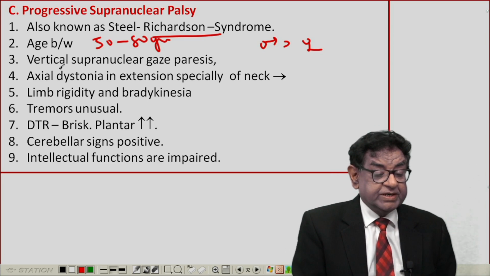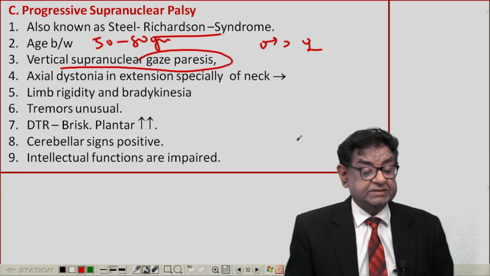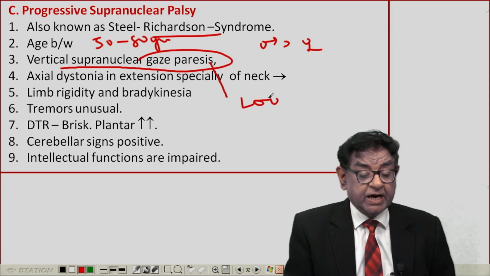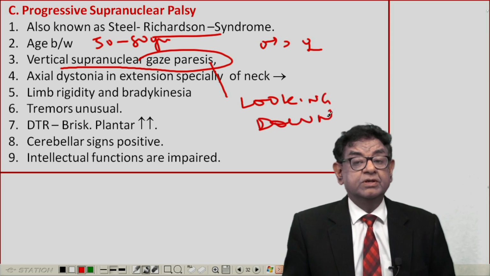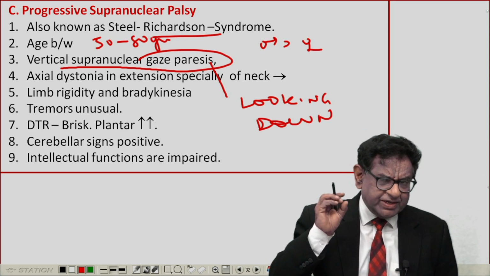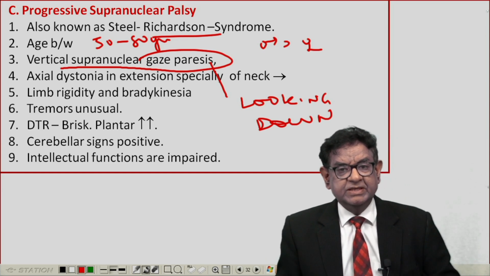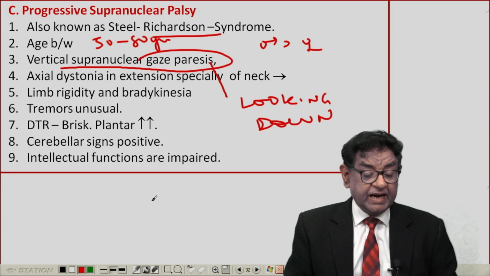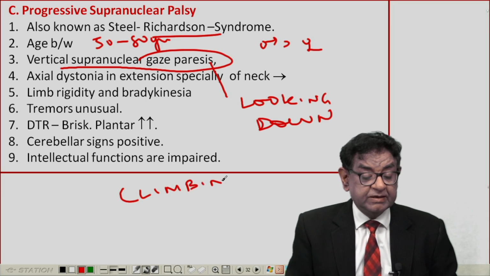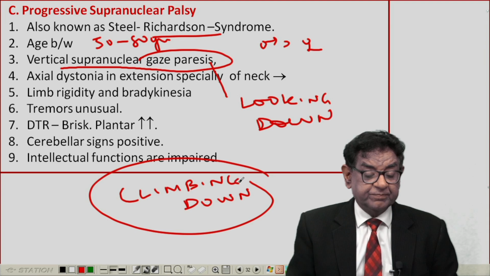These patients have vertical supranuclear gaze palsy, so they have difficulty in looking down. They can't look down. And when should you suspect this disease? An elderly man who has difficulty in climbing down the stairs. This needs understanding.